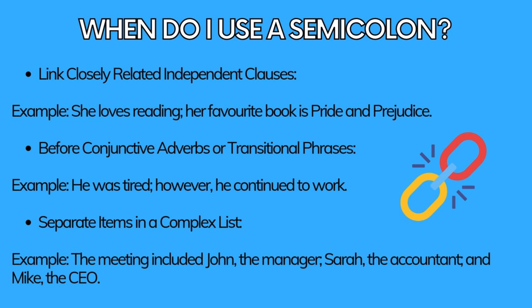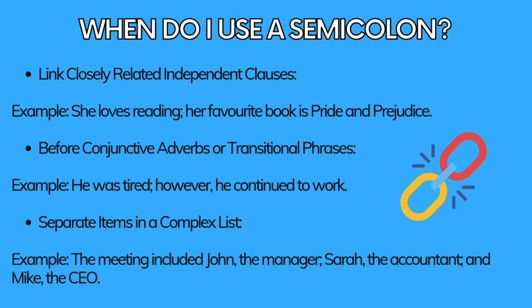And finally, and this is a different use of a semicolon, you can use it to separate items in a complex list. Now, a complex list is a list where there are already commas. So where the items themselves contain commas, we could use semicolons to separate the items. For example, the meeting included John, the manager; Sarah, the accountant; and Mike, the CEO.